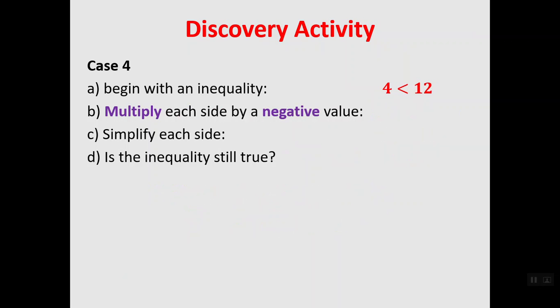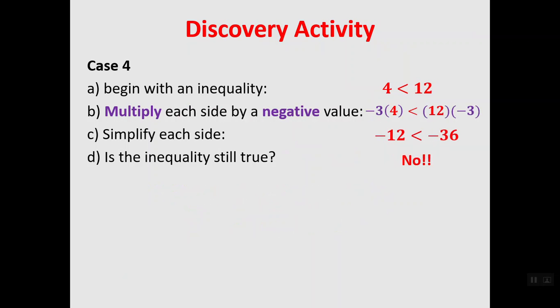All right, case 4. This time we're going to try and multiply by a negative value. So what happens if we multiply each side by negative 3? When we do that, we get negative 12 is less than negative 36. That is not true. Negative 12 is greater than negative 36. So there's a problem here.